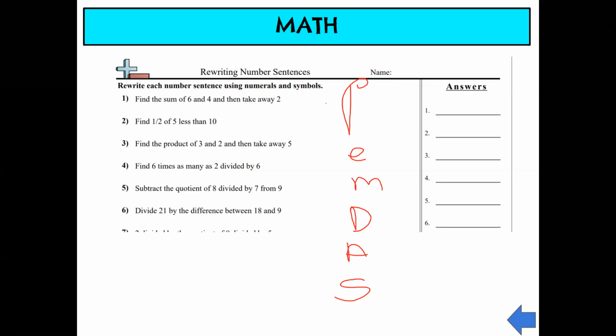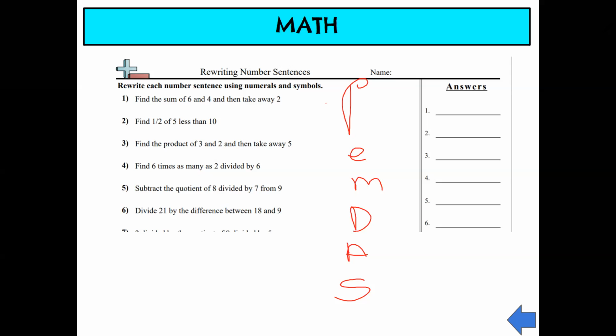So in this case, you want to find the sum of 6 and 4 first, and then take away 2. When we see the words take away, that means we're subtracting, right?